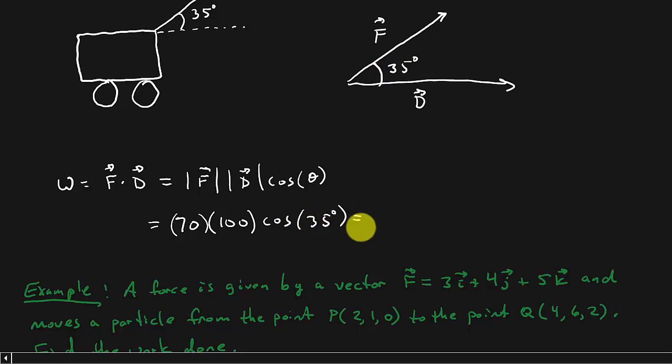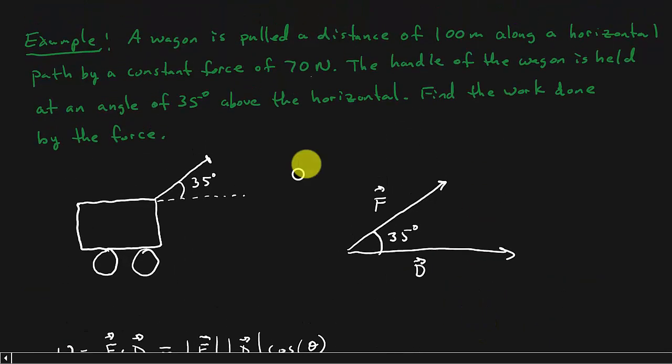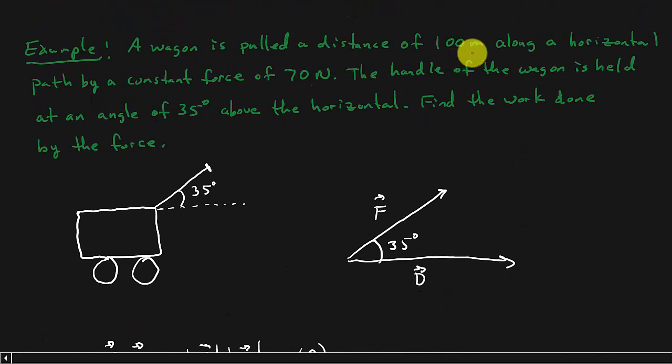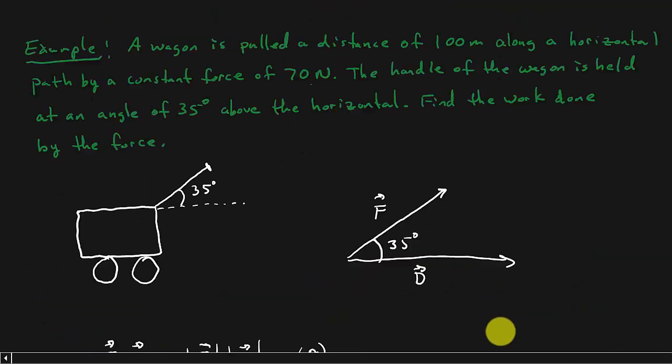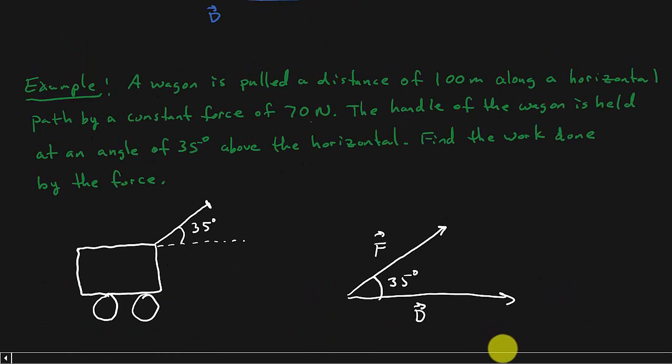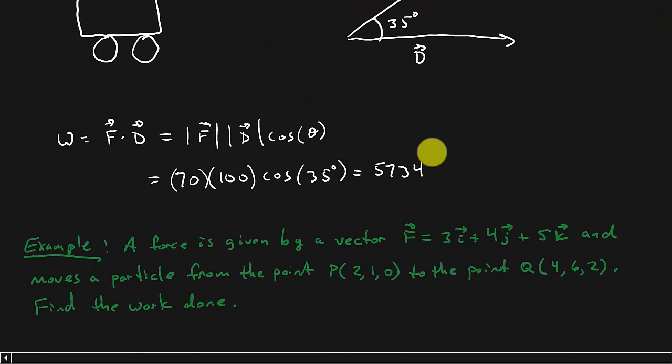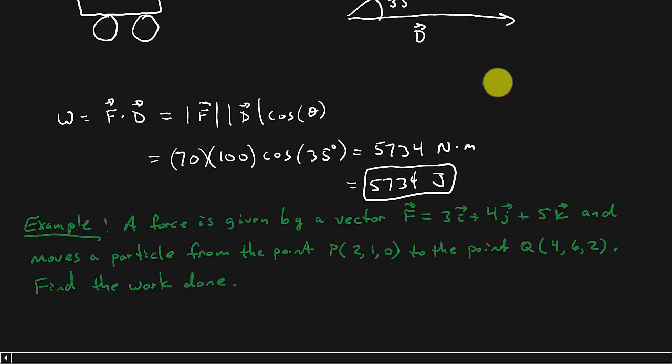Punch that into your calculator and you get 5,734, in newtons times meters, so 5,734 what? Joules. All right, so there's that problem.